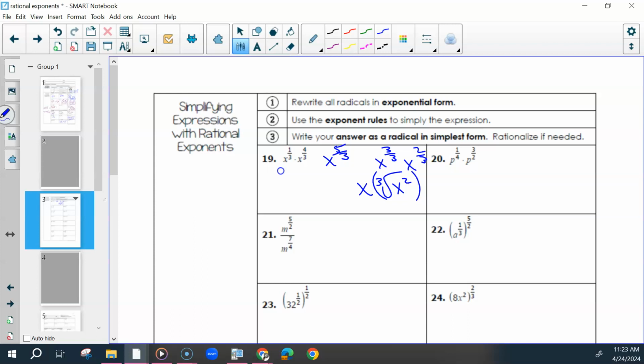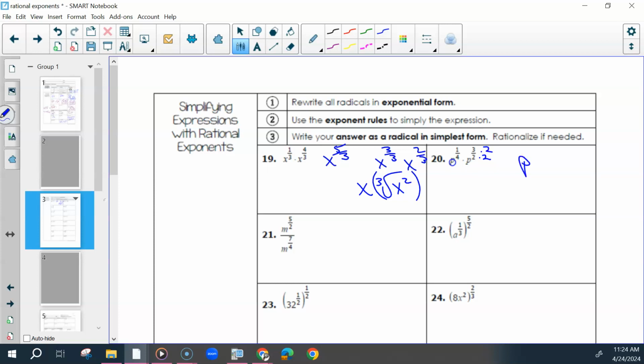Let's do 20 just because we have to change the fractions for that one. So again, we are multiplying like bases, so we're going to add the exponents, but our denominators aren't the same. So I can multiply both of these by 2 to change it.